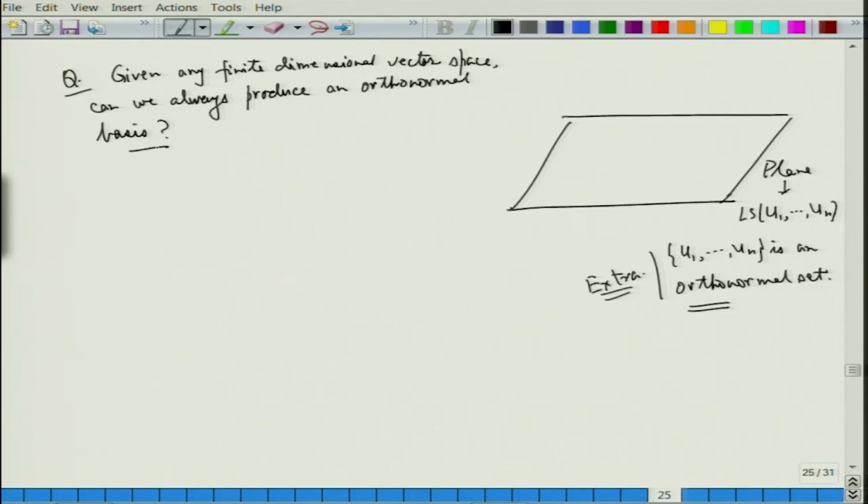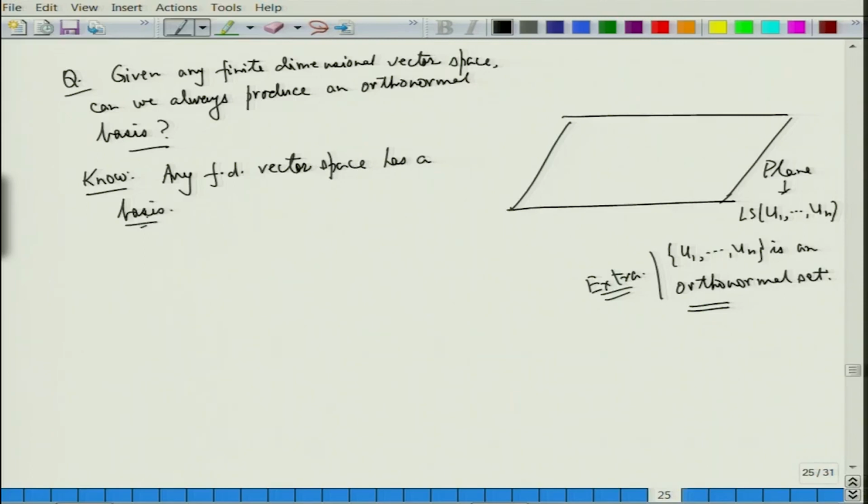Fine. What we know is that any finite dimensional vector space has a basis.